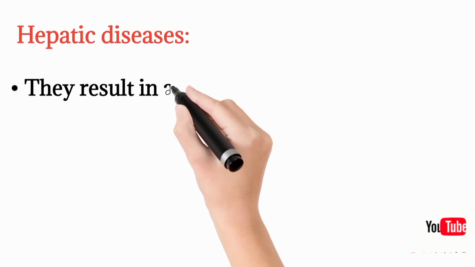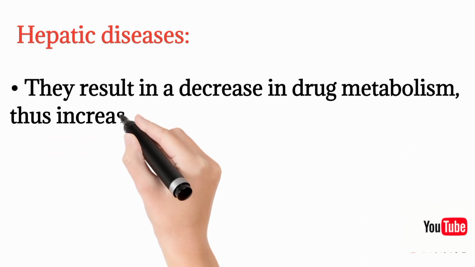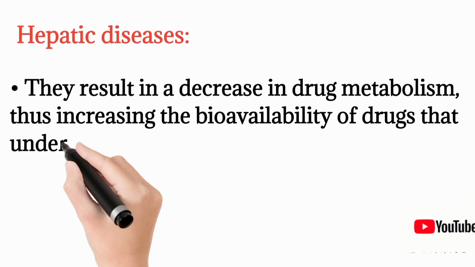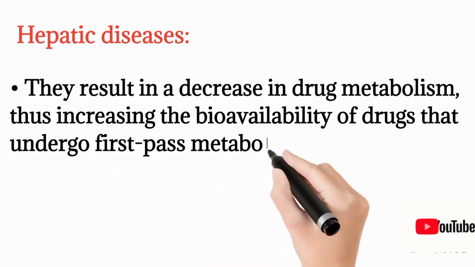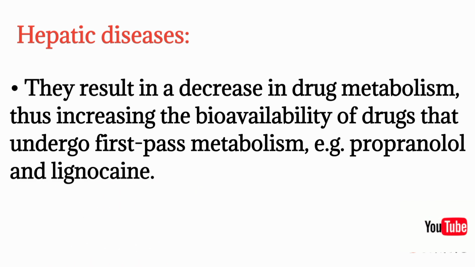When there is a decrease in drug metabolism, the bioavailability of the drug which reaches the bloodstream will increase, and hence, for example, propranolol, lignocaine, the drugs which normally undergo first pass metabolism. If a person is taking propranolol, for example a beta blocker, or lignocaine, their concentration can increase in the bloodstream in the presence of hepatic disease, because normally they undergo metabolism in the liver, but if there is liver disease, proper metabolism will not occur, and hence the concentration of these drugs can rise above the normal range.